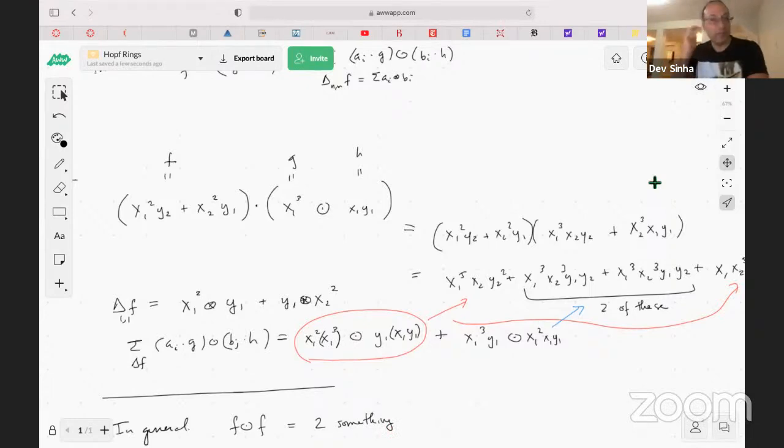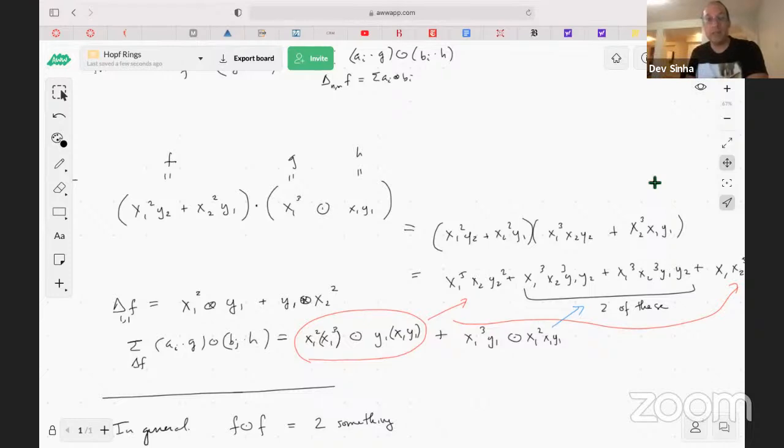And so maybe I didn't say it appropriately before, but when I induce up from something which has this S2 symmetry, I'll be able to match the terms in the induction up for a factor of 2.